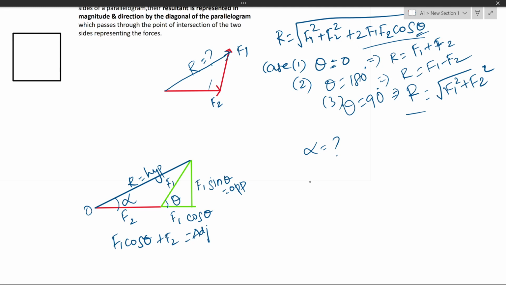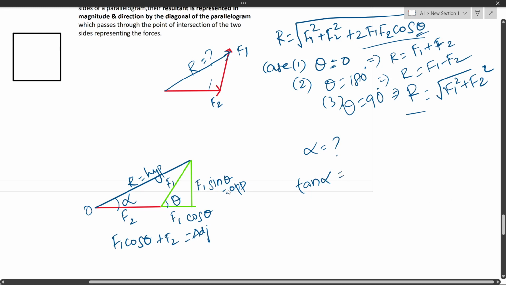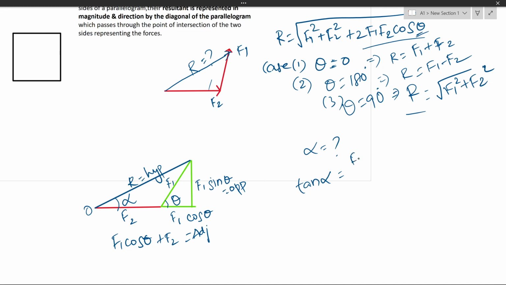For tan alpha, opposite divided by adjacent: the opposite side is F1 sin theta and the adjacent side is F2 plus F1 cos theta.